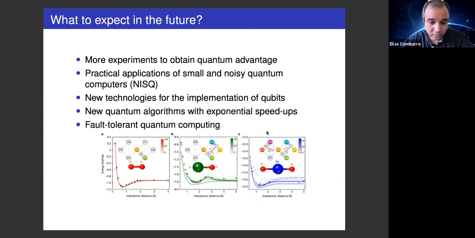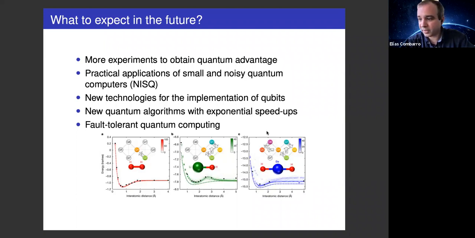We also need to make advances in the technologies for the implementation of qubits in order to have the possibility of creating computers with more qubits, more stable, protected against errors, and with longer coherence times.